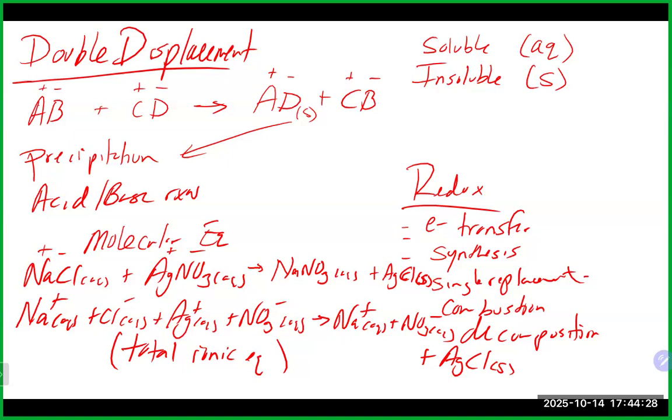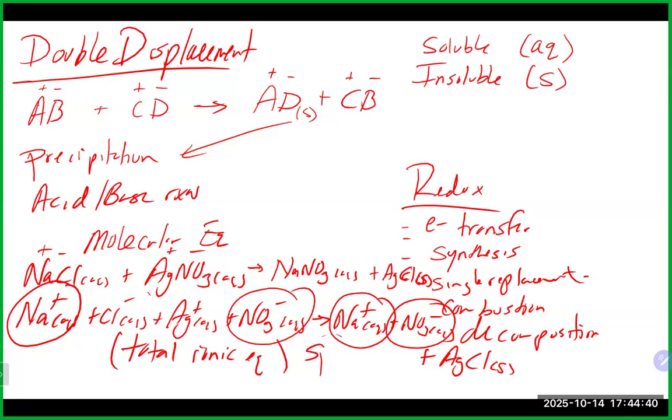But once we get to the total ionic equation, we can again look on each side of the arrow and we'll find ions that are exactly the same. So not different, not attached to anything, but looking exactly the same. And those are spectator ions. They are just hanging out watching, so they cancel out.